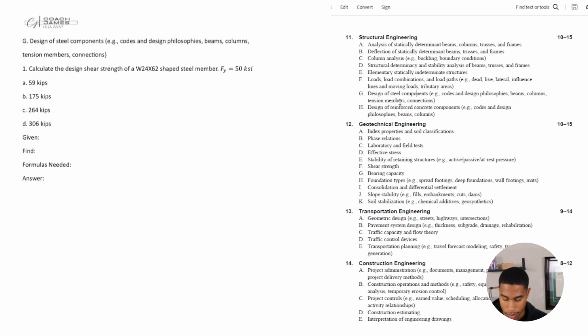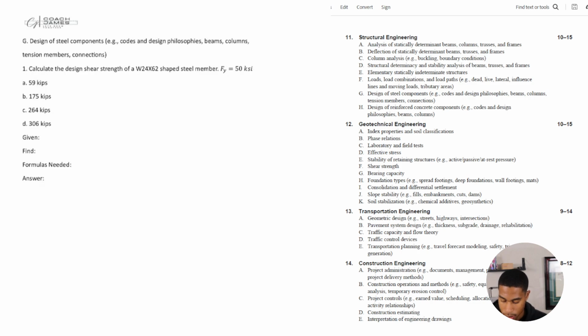All right. So number one says, calculate the design shear strength of a W24 by 62 shaped steel member, where Fy is equal to 50 ksi. What information are we given?